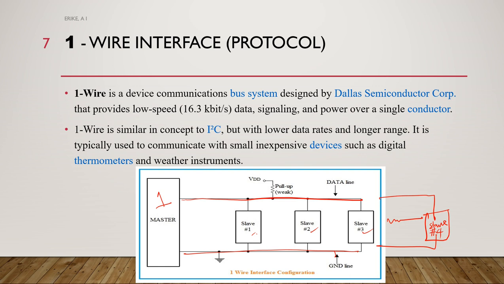All right, so when receiving data, the master starts by sending a 1 to 15 microsecond 0 volt pulse to the slave unit. And then if the transmitting slave unit wants to send a 1, it does nothing, and the line goes to the pulled up voltage.